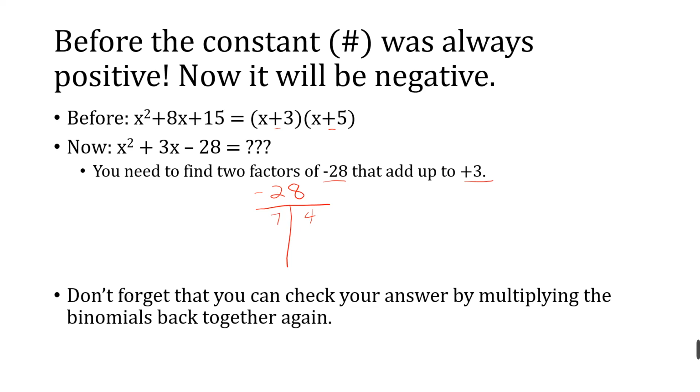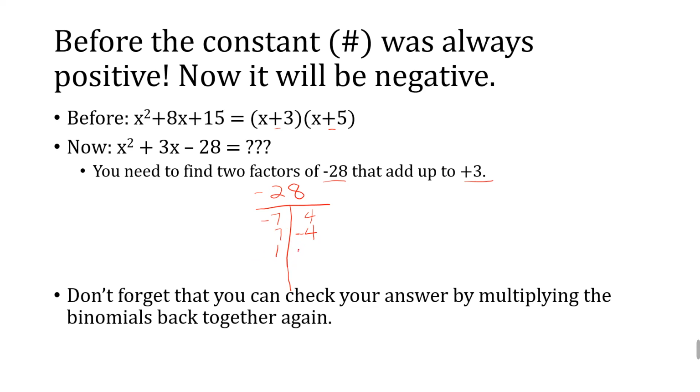And you can probably pretty easily see how you can get positive 3 from 7 and 4. But we're going to look at all the possibilities just so you understand. So what if we had negative 7 and 4? What if we had positive 7 and negative 4? Because when we multiply them, we want it to be negative 28. And we'll look at the other possibilities just so you understand what other ones you should look at.